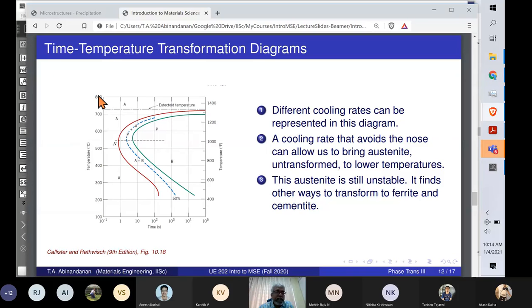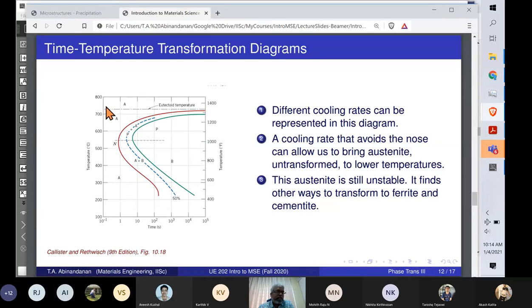It takes maybe about 2 to 3 hours for it to go from, let us say, 800 degrees Celsius to about 600 degrees Celsius. So we are traversing a path like that, very, very shallow path. And of course, if you quench it extremely fast at a rate of about 1000 degrees per second, then you are basically dunking it in water.